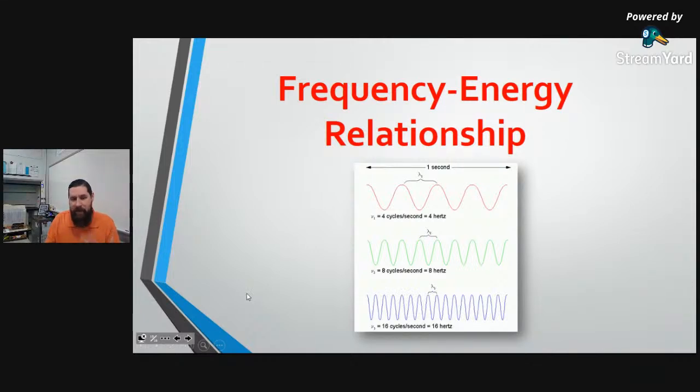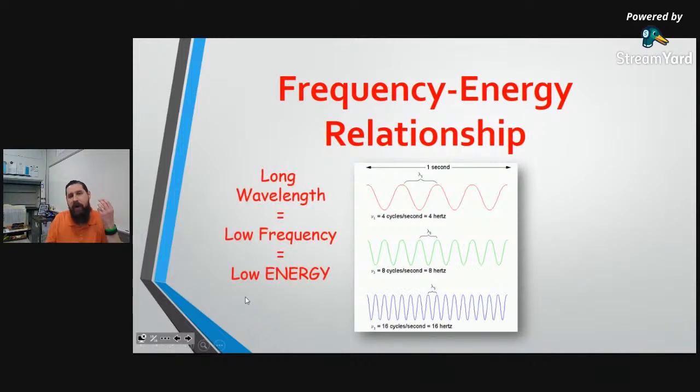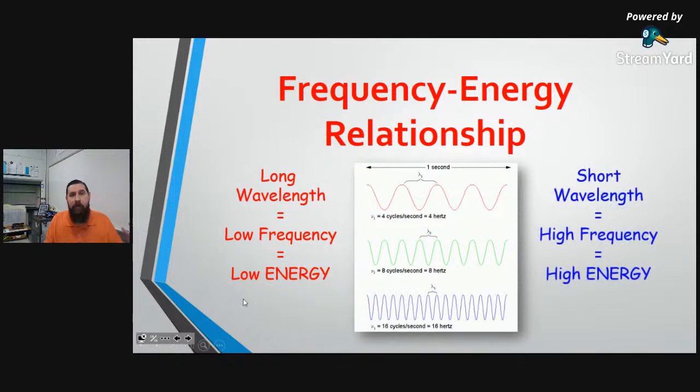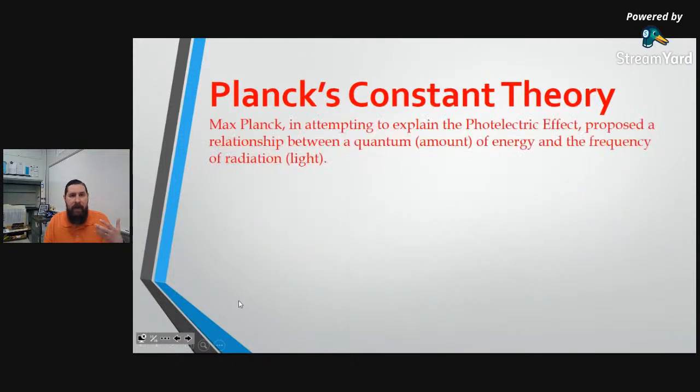So the idea becomes this, that if you've got a long wavelength, low frequency wave, that relates to low energy. Conversely, if I have a short wavelength, high frequency wave, that's going to relate to high energy. So what we get is this idea of the higher the frequency, the higher the energy.